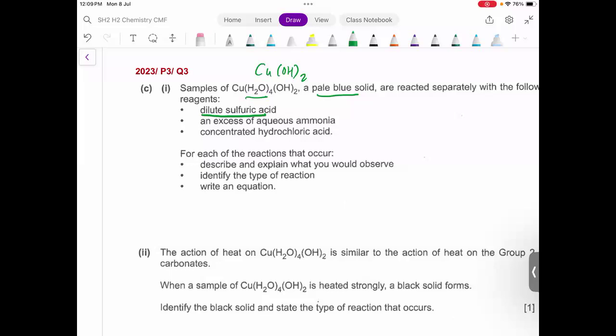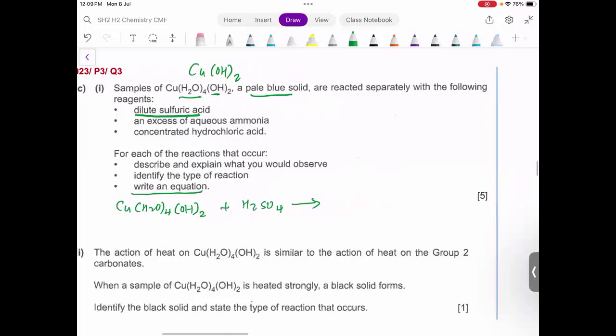Yes, it's an acid-base reaction. So you have your H plus coming from your sulfuric acid, neutralizing the hydroxide from your copper 2 hydroxide. If you were to write an equation, it will look something like this. Please take note, because they use this formula, you must also use this formula. Then you have your sulfuric acid. This is an acid-base reaction.